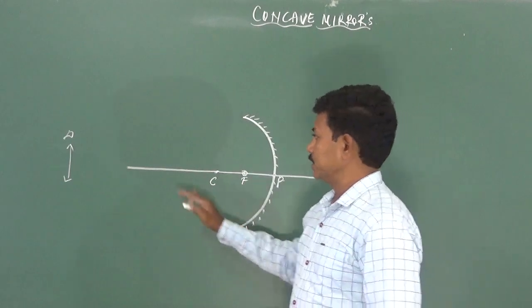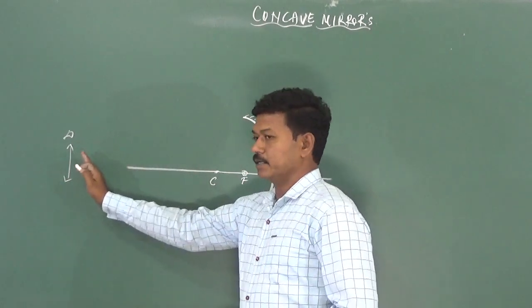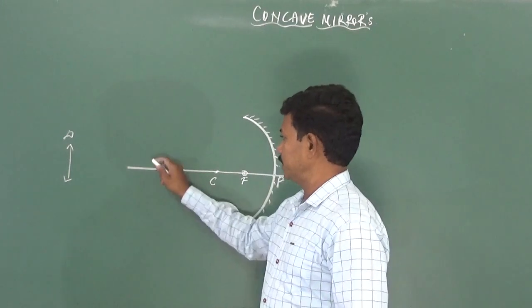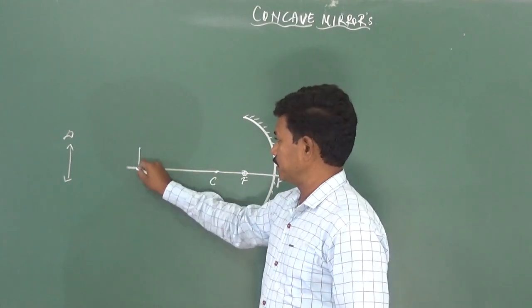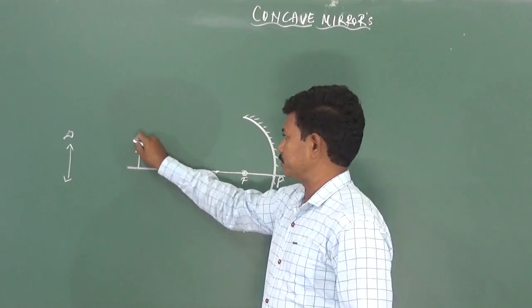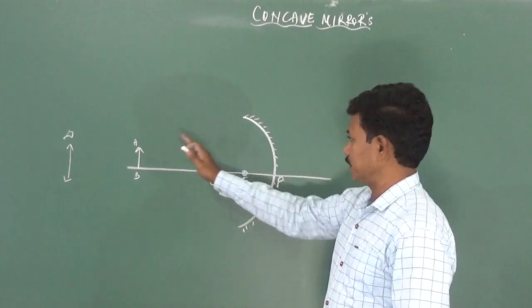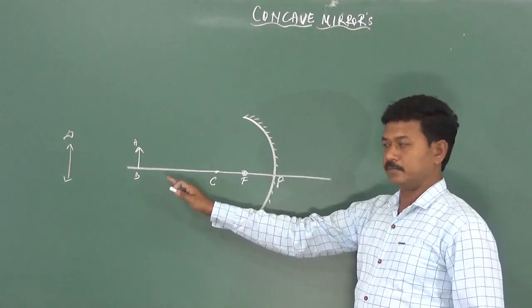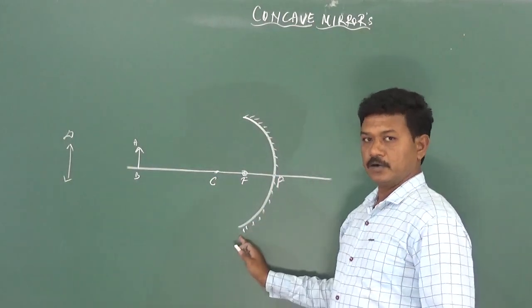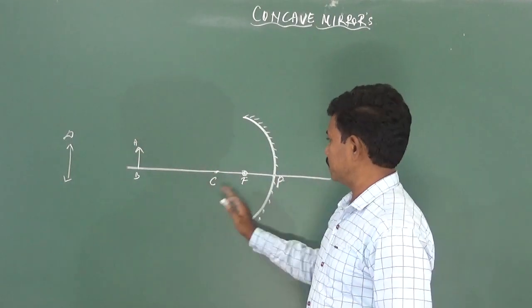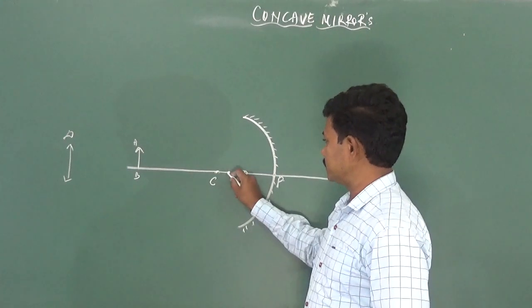When the object is brought nearer to the pole of the mirror, it is beyond C somewhere here. When you keep the object at this point AB, the light rays coming from the object get reflected by the concave mirror and form the image, and that image will be formed between C and F somewhere here.